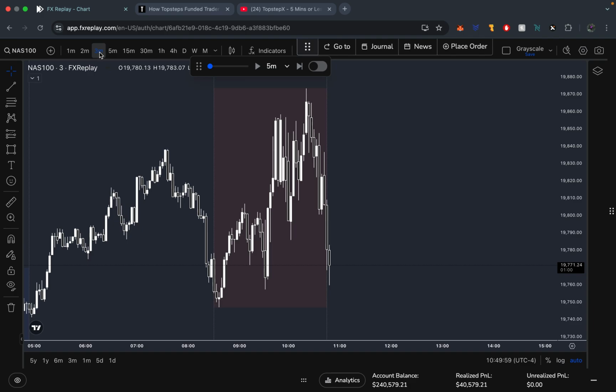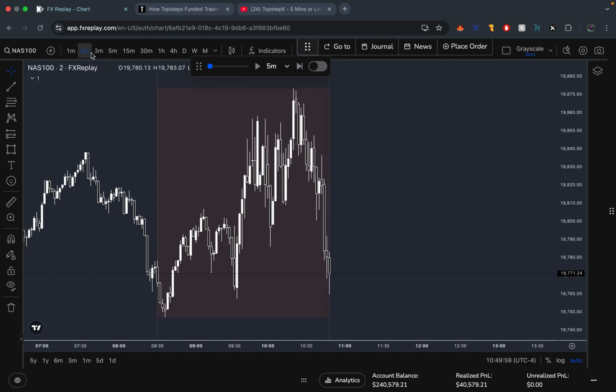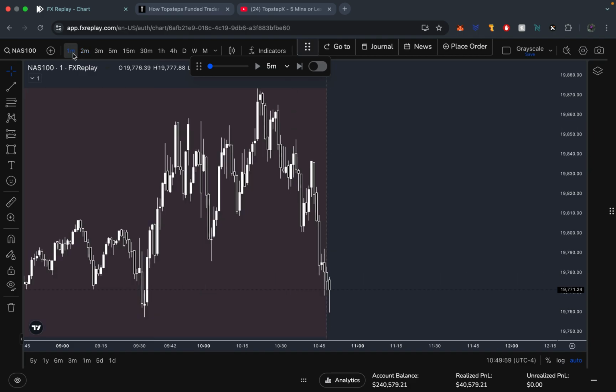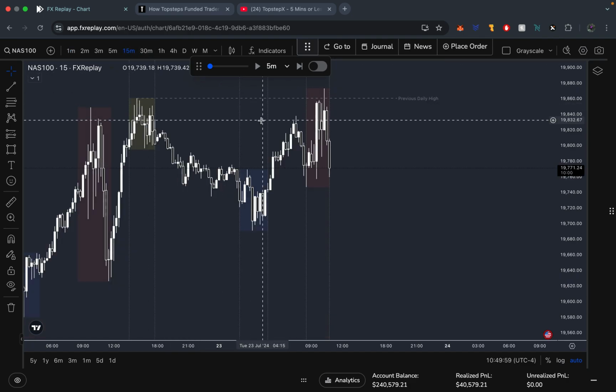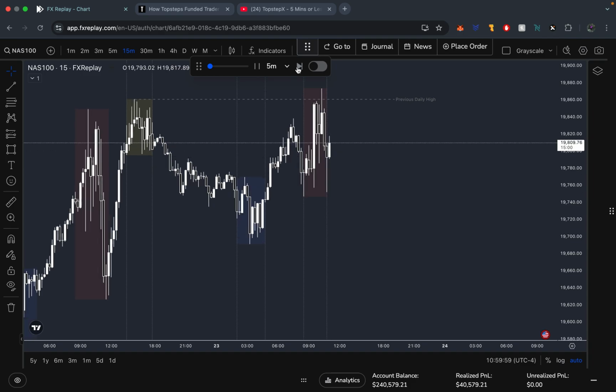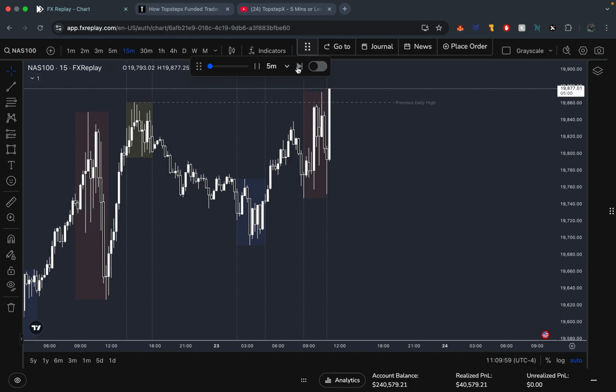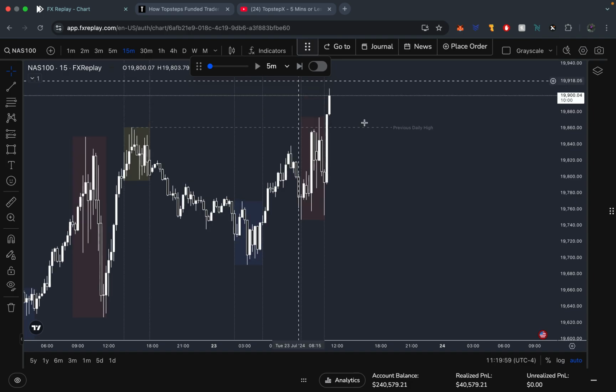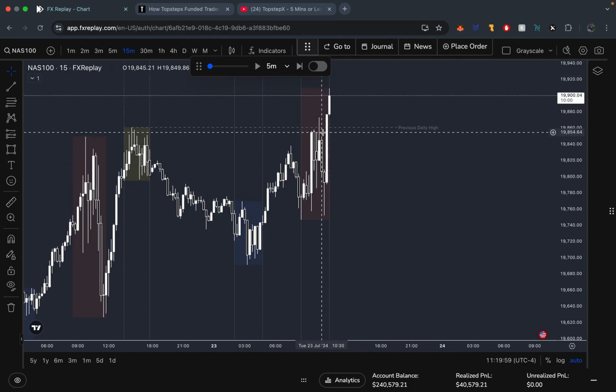Once again, we have a whole lot of consolidation here. Well, not consolidation, but just quite wicky price action. It's not massively clear. Okay, so what are we on?